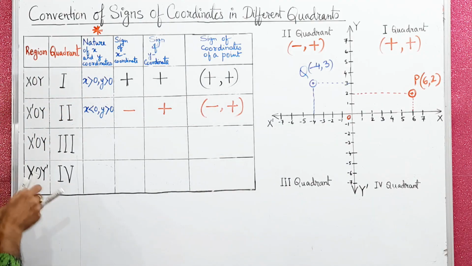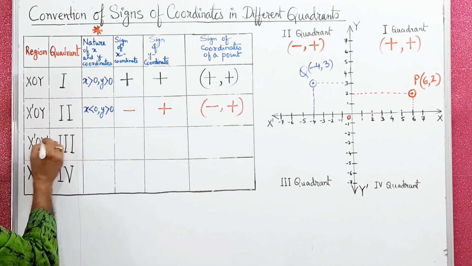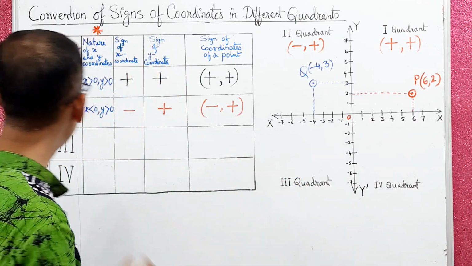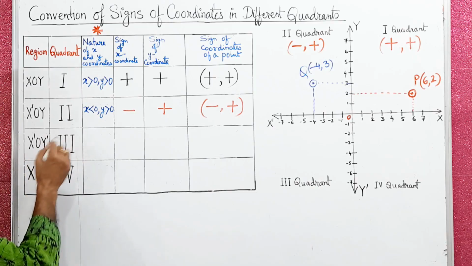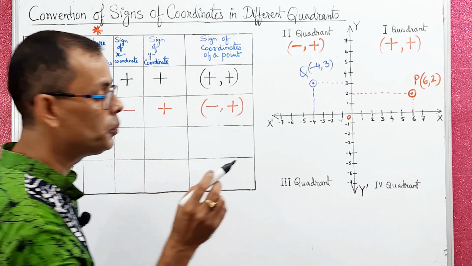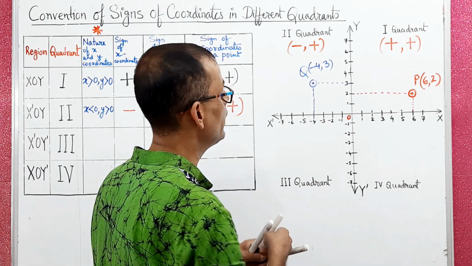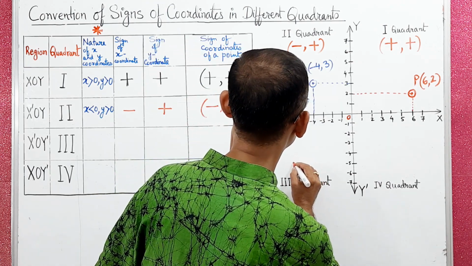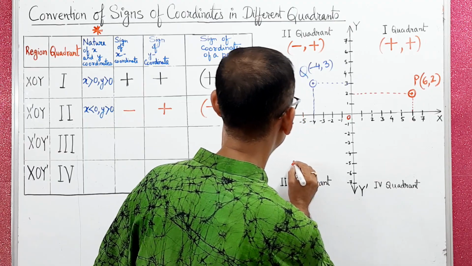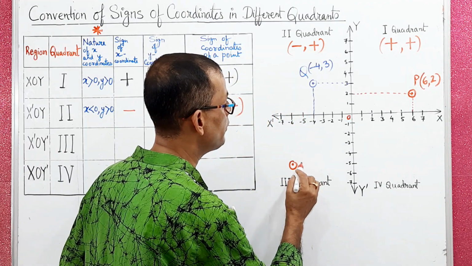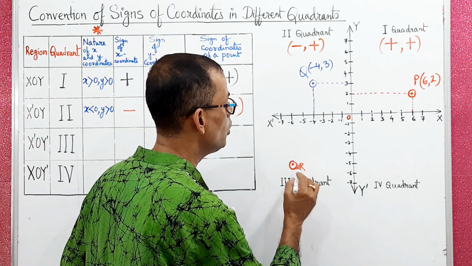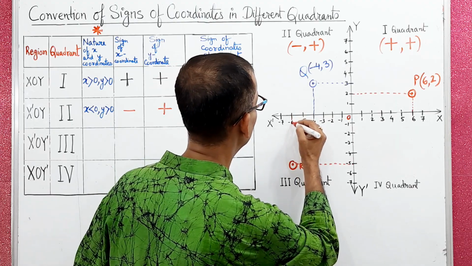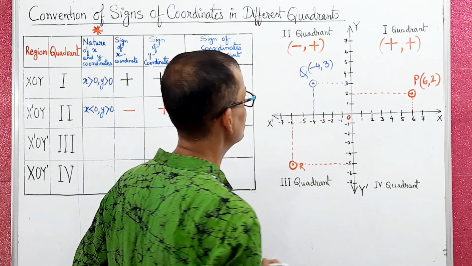X'OY', I wrote here y, it will be y dashed. So X'OY', this is the third quadrant. If I want to plot a point in the third quadrant, suppose I'm taking it a little downside, and if I write the name R, it will be going like this way, and from here the perpendicular distance like this way.